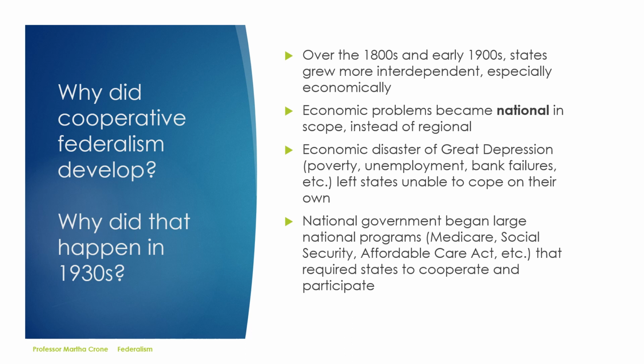As a response to the Great Depression, the national government began to create really big national government programs that would provide financial help to the people of the states. And in order to enact those giant programs, things like Medicare, Social Security, or today the Affordable Care Act, for example, the national government had to rely on states to cooperate and participate in carrying out those very large programs.